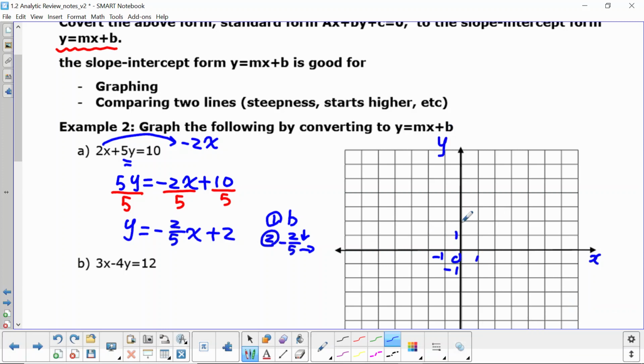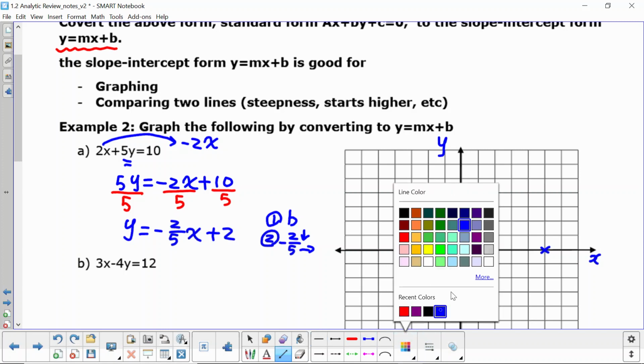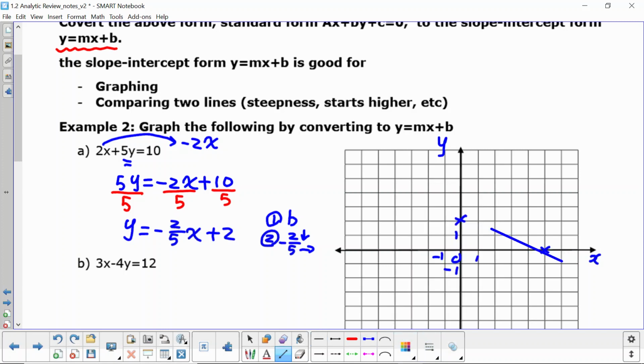Then 2 is here, then down 2, right 5: 1, 2, 3, 4, 5. Then we have the 2 points. We could use a ruler to graph it. Then put arrows at both ends. Then label this one using the original equation, that is okay.